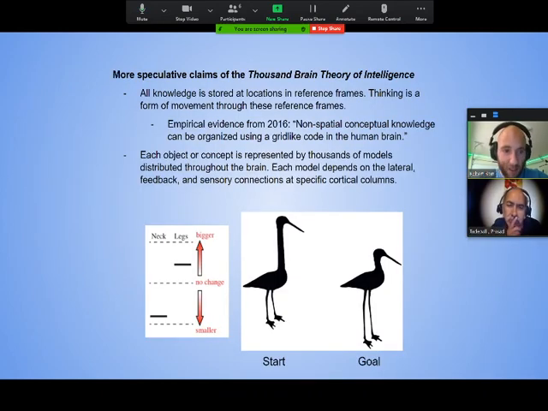And here's the last slide. There was empirical evidence for the more speculative claim that Jeff makes. He says not only are those reference frames good for visual processing or recognizing objects, but he makes the claims that all knowledge is stored at locations in reference frames, and that thinking is actually a form of movement through these reference frames.